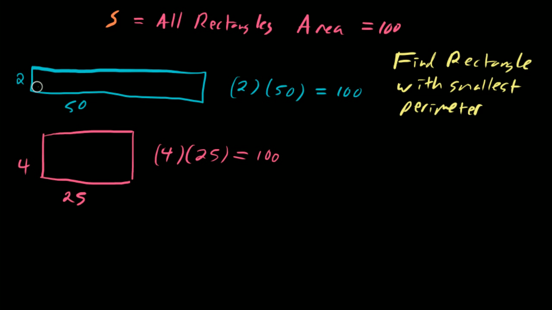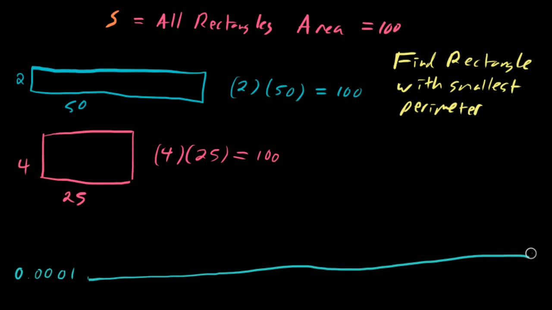And imagine we had a rectangle where its height was really, really small. Say it was 0.0001, so this is 1/10,000th of a unit tall. And that means that it is going to have to be really, really wide.